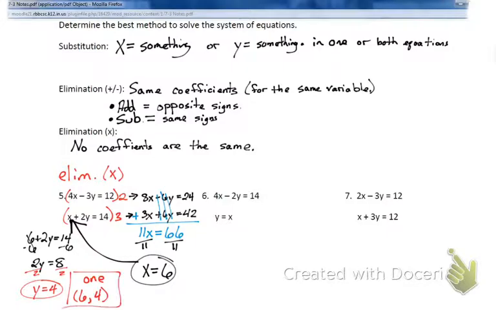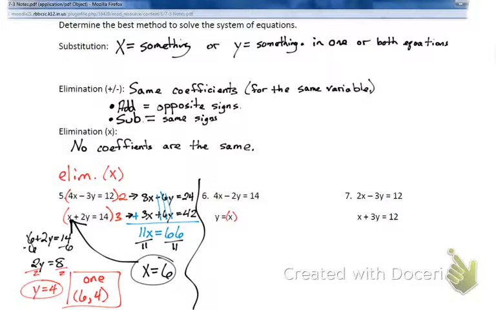Done. Alright, very good. Hopefully you've already tried all the other problems, so I'm going to just move right along to them. Number 6, this is going to be a nice one to use substitution because the bottom equation says y equals. And in this case, it says y equals x.